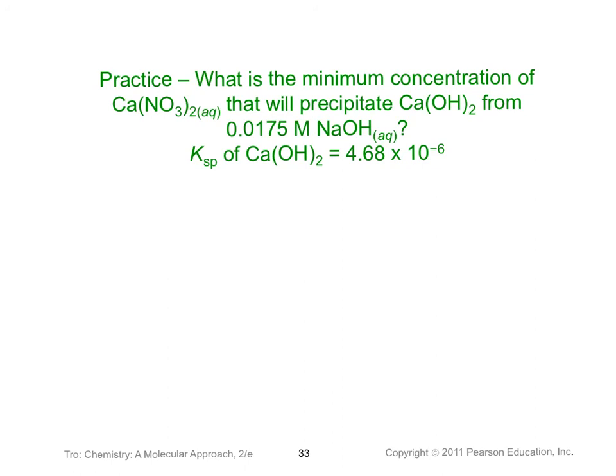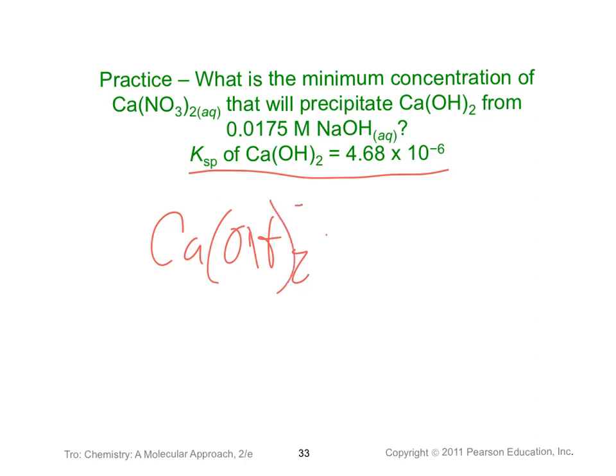And so again, what we're going to do is look at this and say, okay, when we match that, then we can start the precipitation. We also then know that CaOH2 is going to go to Ca2 plus and 2OH minus.